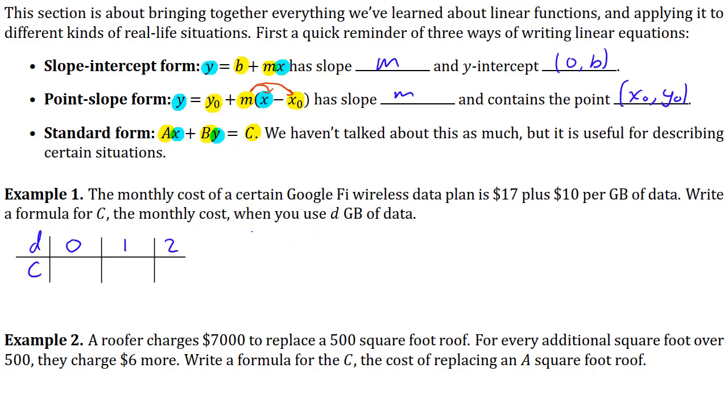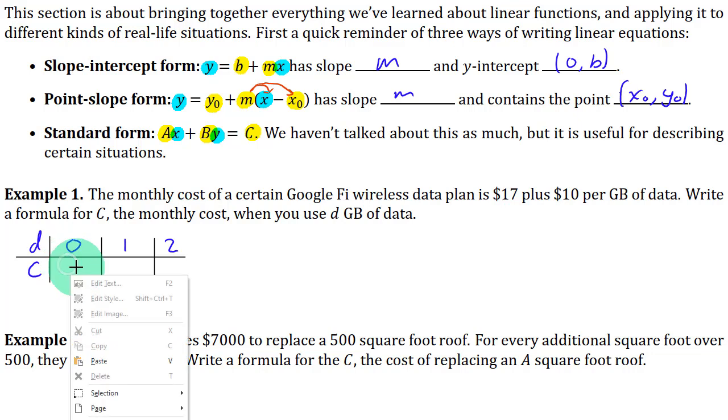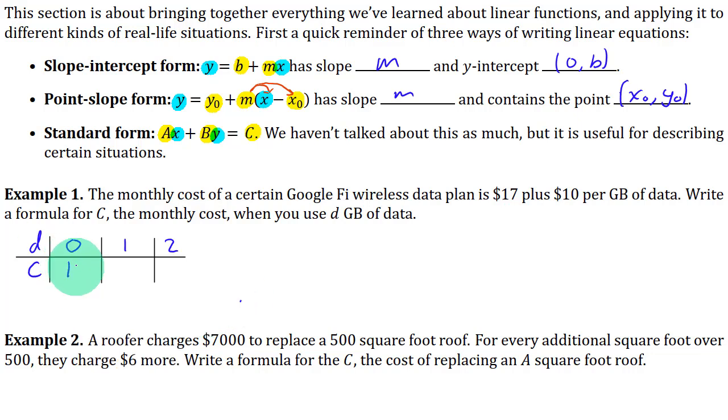If you use 0 gigabytes of data, the cost is just going to be $17. If you use 1 gigabyte of data, then that's going to be the $17 plus the $10 for that 1 gigabyte, so 17 plus 10, which is 27.